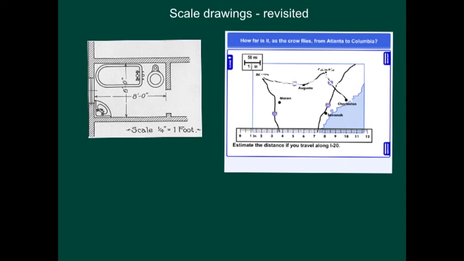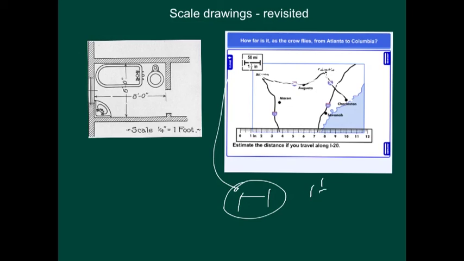So I would get out my ruler and I would say that the symbol like this is 1.5 inches, and then I would measure the distance on the road from Atlanta to Charleston, and I would say, oh, that distance is 4.5 inches or 5 inches or 6 inches or whatever it was when I measured it. Notice I shrunk this picture so that this little symbol up here isn't exactly 1.5 inches, but on the original document it was. So then I would set up a proportion.